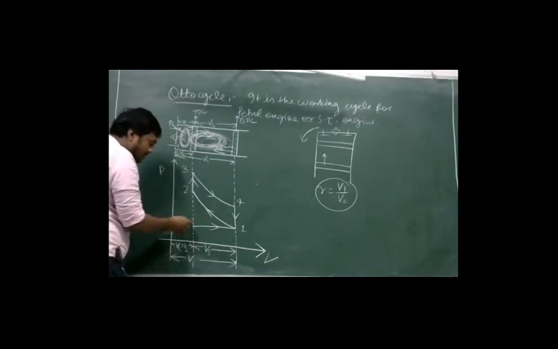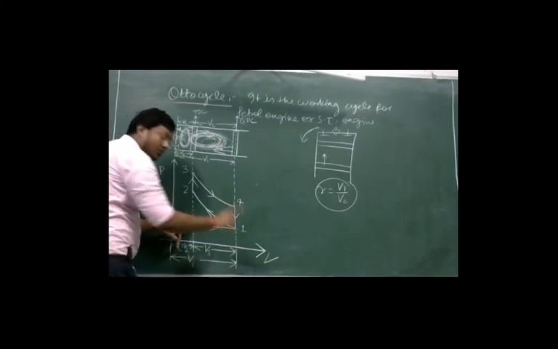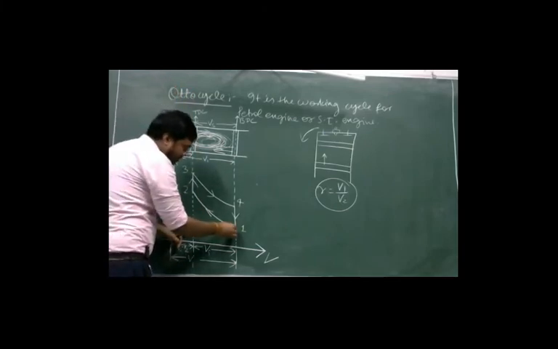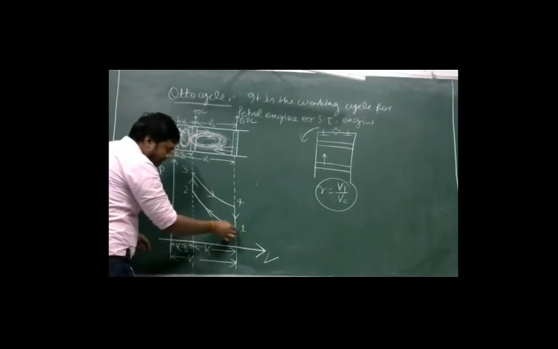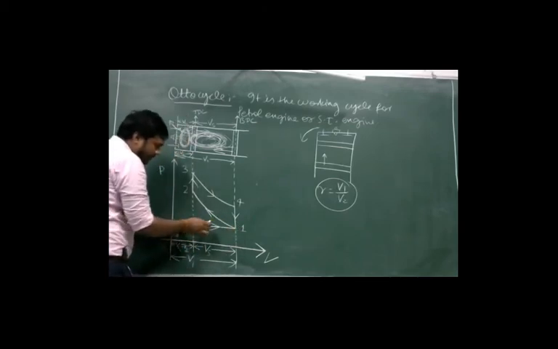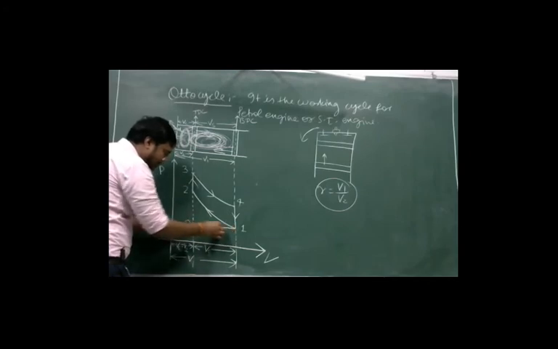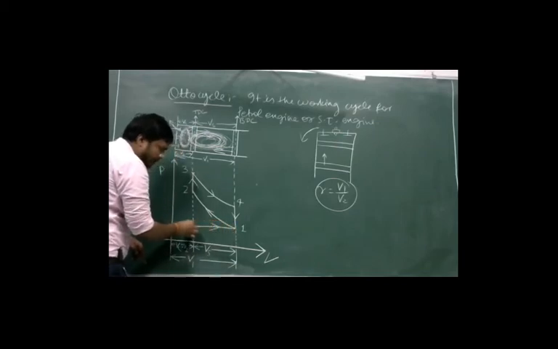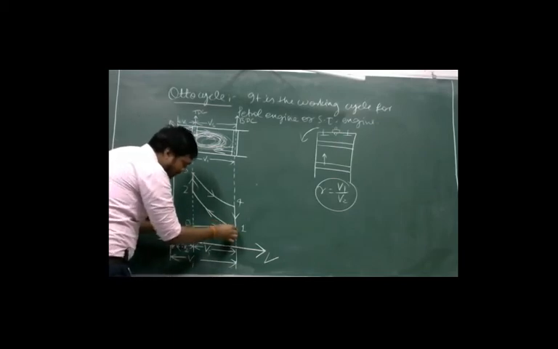Remember, the starting process from 0 to 1 is a constant pressure process, the suction process. So the last process is also a constant pressure process. The line will come on this line only. We have to draw a line above this 1 to 0, but this will become confusing because both lines are the same, so I am drawing it a little bit below.